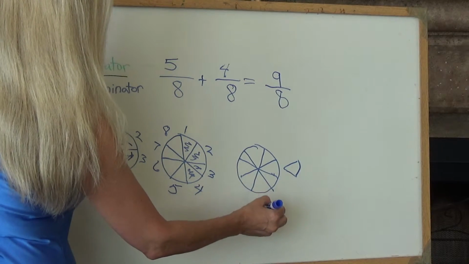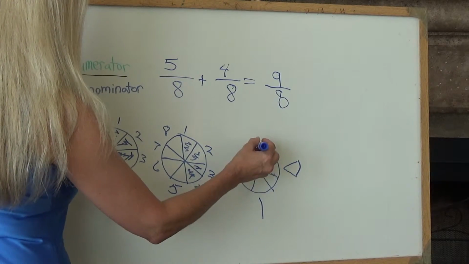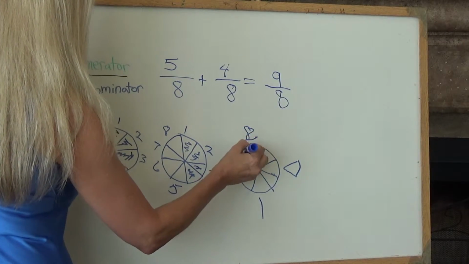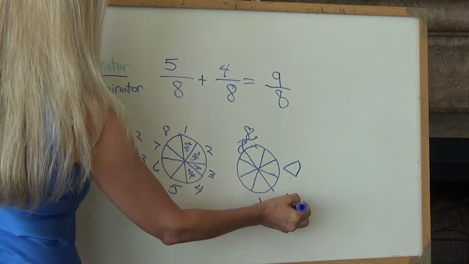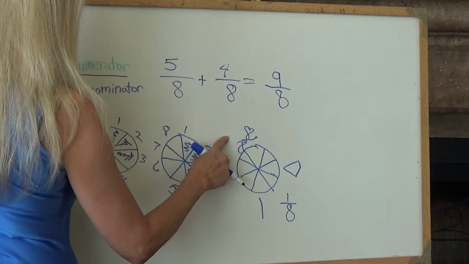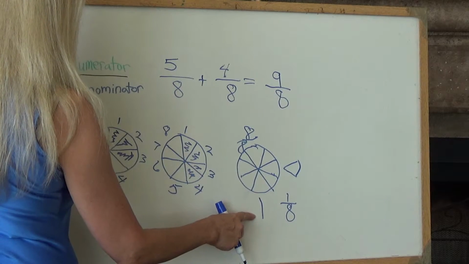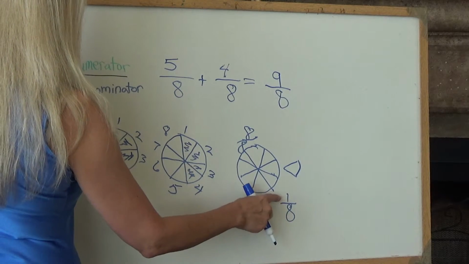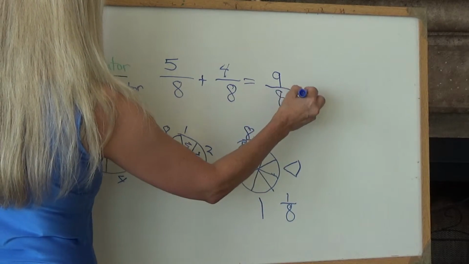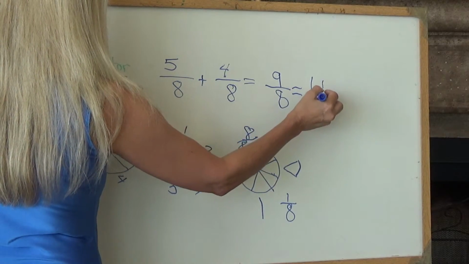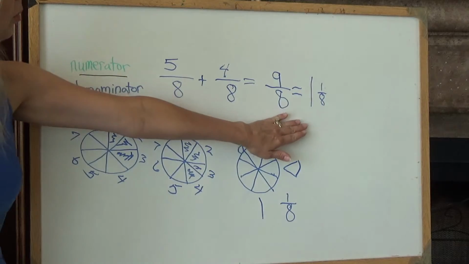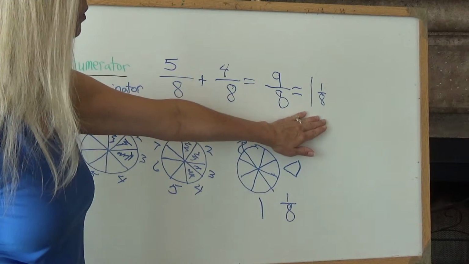So we're going to represent this 1 whole pizza that has 8 out of 8 as the number 1, and you have 1 left over. So there's 8 over 8, which is represented by the number 1, and there's 1 left over. So your answer actually is going to be 1 whole and 1/8. So you have a whole pizza with 1/8 of a piece.